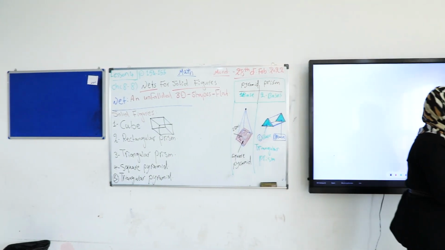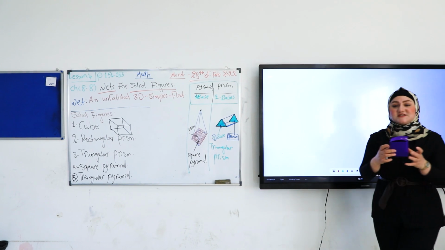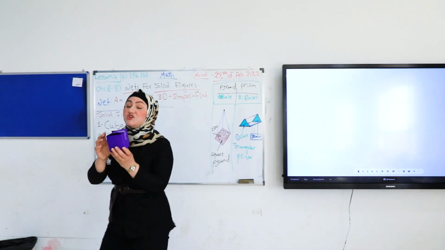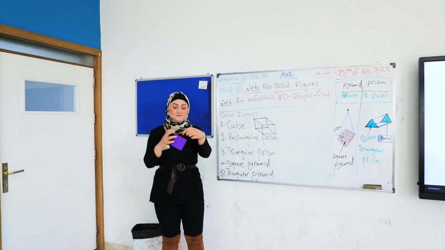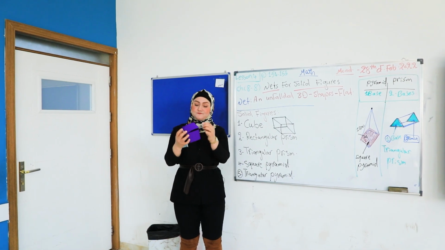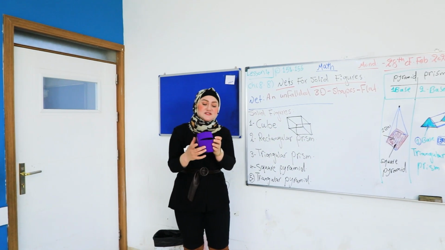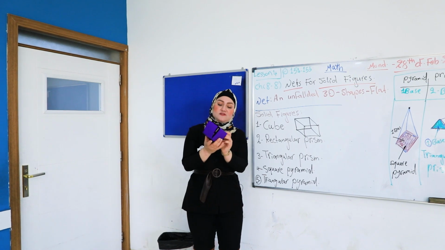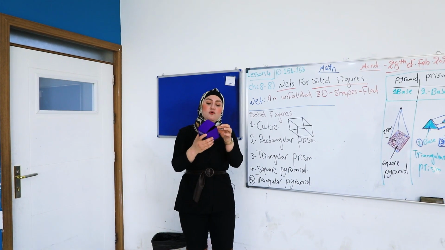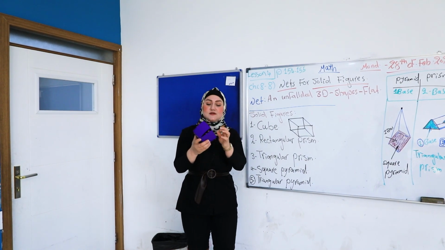For example, if you see, this is a cube, right? How can I show you the net of the cube? Let's unfold it. This is the most important point to talk about in here, how to unfold it, how to show you the net.